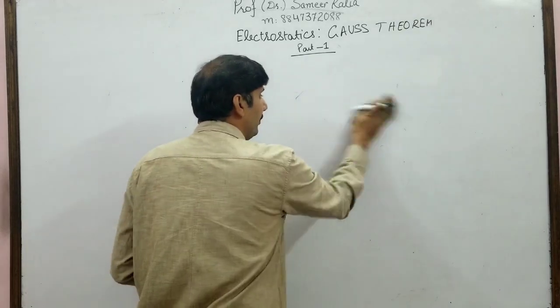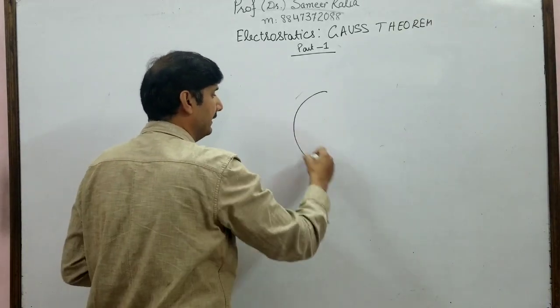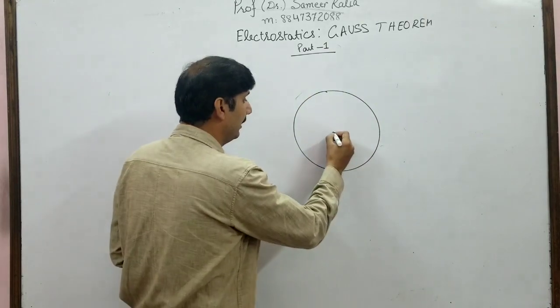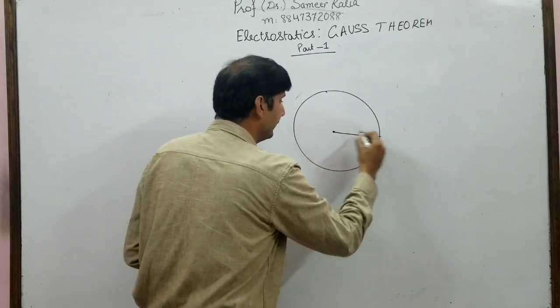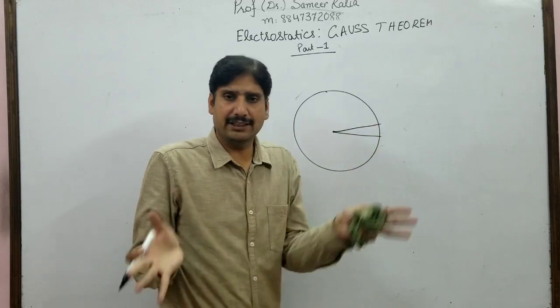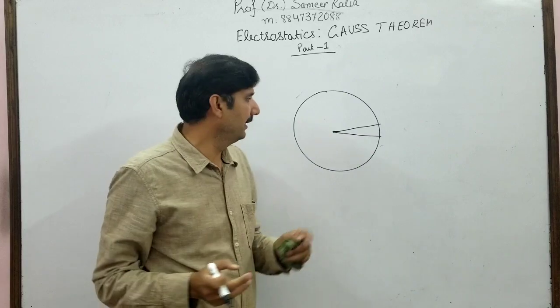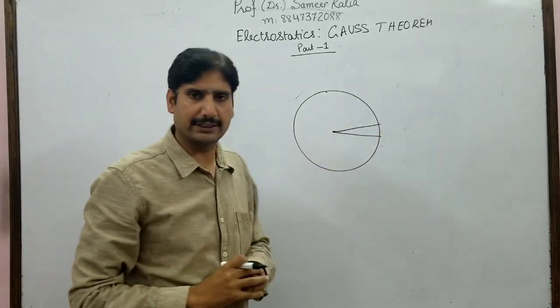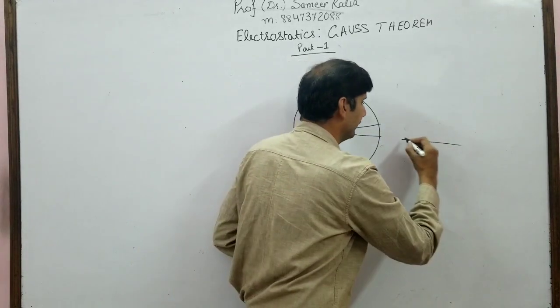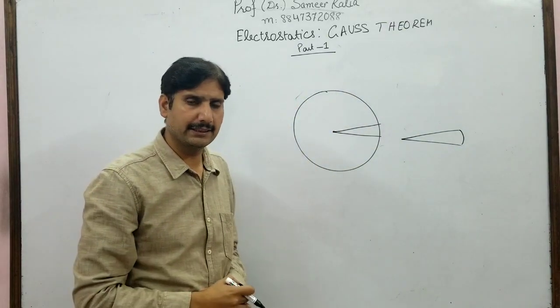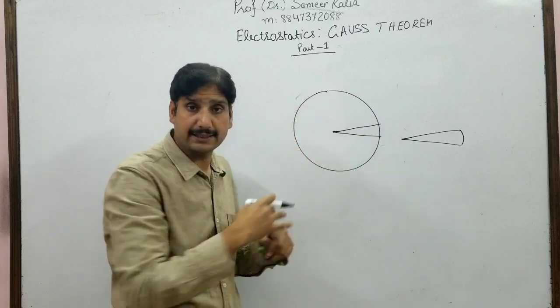Actually, you can think of a problem like this. Consider a circle and I take a small section of it. Think of a pizza which is normally circular and you take a small section of it. Now that section is representing a part of the circle.